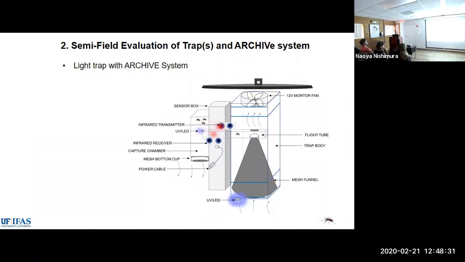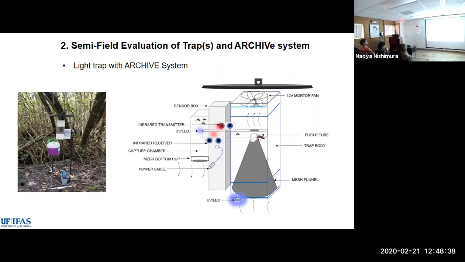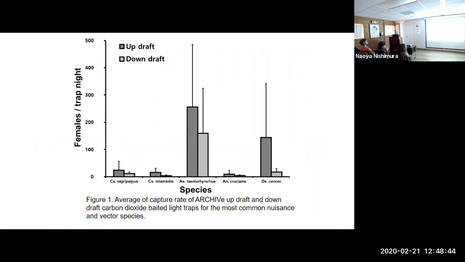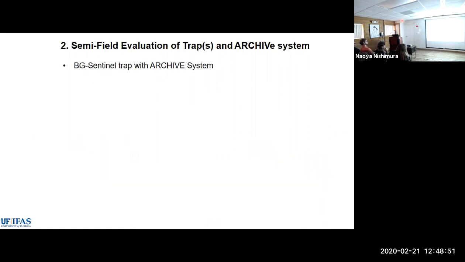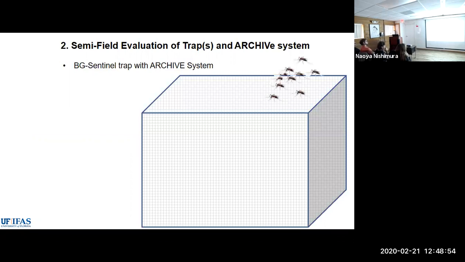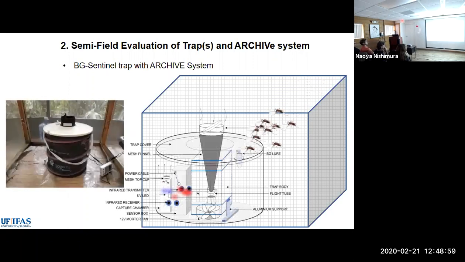At first, we compared trap efficacy in updraft and downdraft, which is important for trap design in the field. The results show that the updraft trap captured a higher number of mosquitoes. And then we compared the trap efficacy of the PG trap with and without our system, because it is important to see whether our system interferes with mosquito behavior or not.